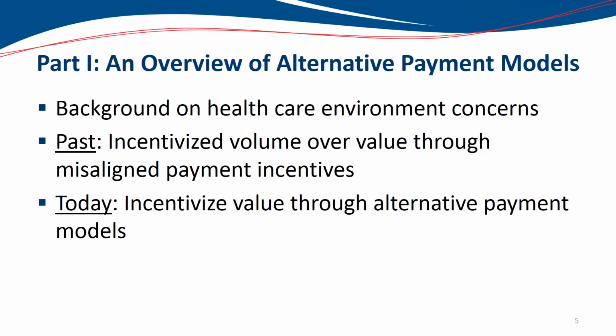Basically what we mean by that is we were working through a fee-for-service payment model, and in that kind of model, you're paying people each time they do something. So you're incentivizing them to do more, rather than incentivizing doing a good job. And so alternative payment models are really geared toward trying to incentivize value. So today we are working to incentivize value through these alternative payment models.